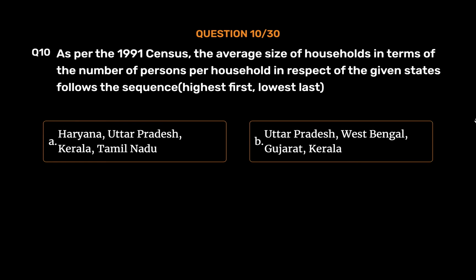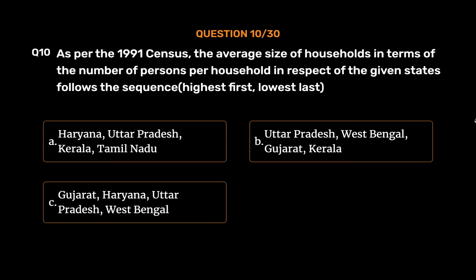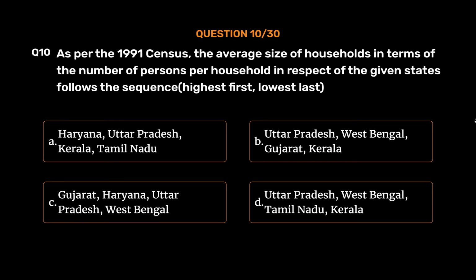Option B. Uttar Pradesh, West Bengal, Gujarat, Kerala. Option C. Gujarat, Haryana, Uttar Pradesh, West Bengal. Option D. Uttar Pradesh, West Bengal, Tamil Nadu, Kerala. The correct answer is Option B. Uttar Pradesh, West Bengal, Gujarat, Kerala.